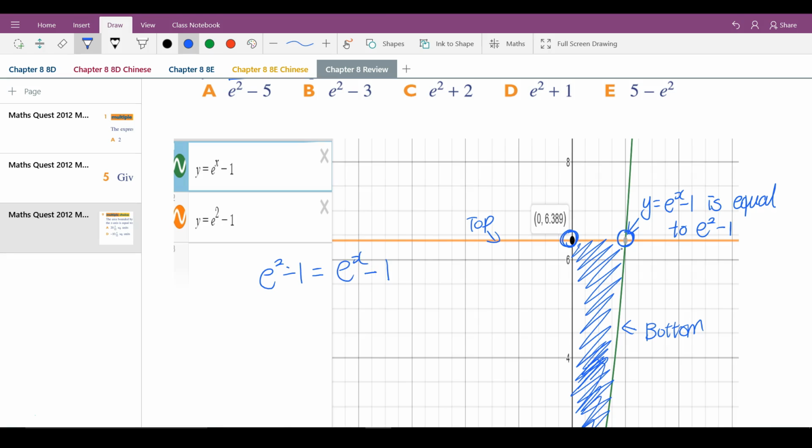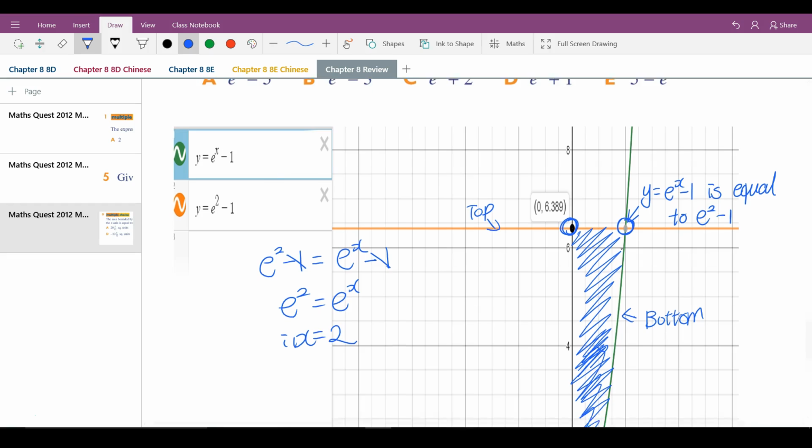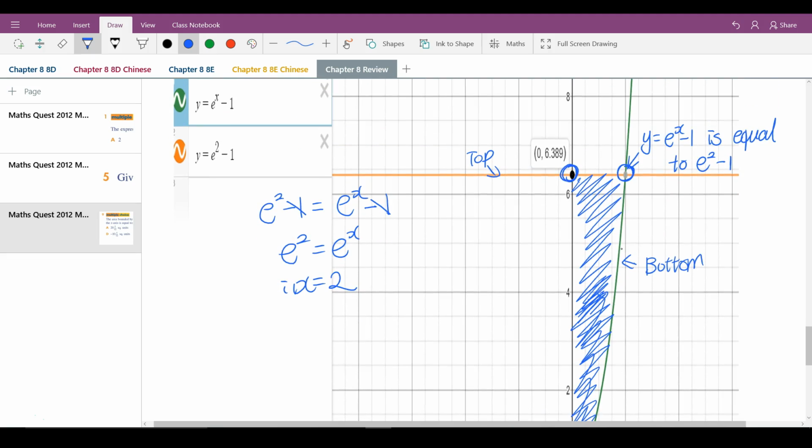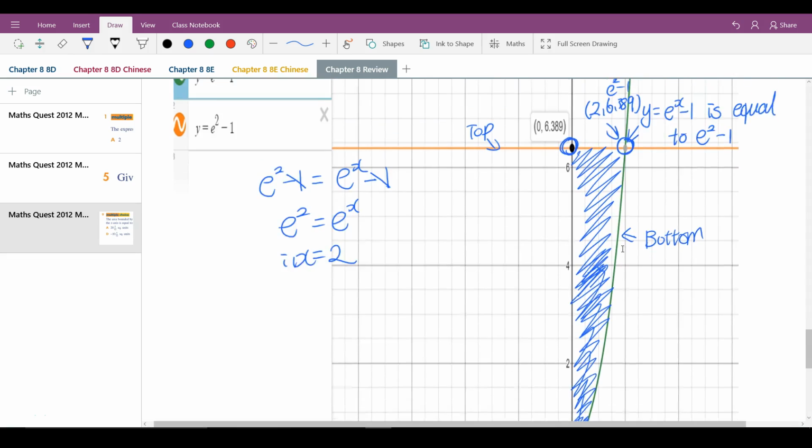Let's just move the minus 1. e^2 is equal to e^x. Then obviously, x is equal to 2. Makes sense? I hope it makes sense. So this is 6.389, or you can write it as e^2 minus 1. So that's our coordinate.